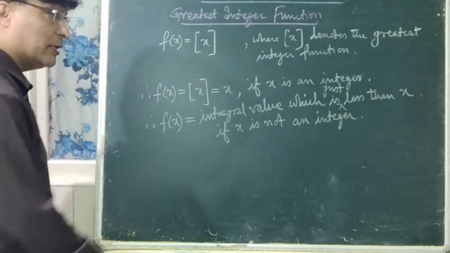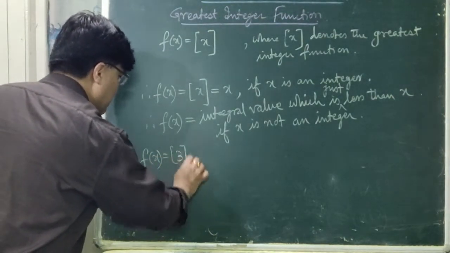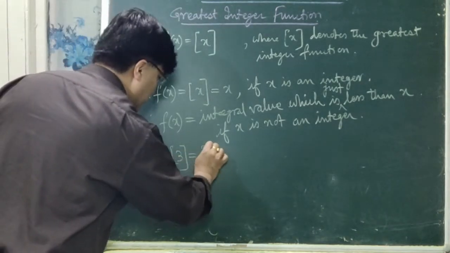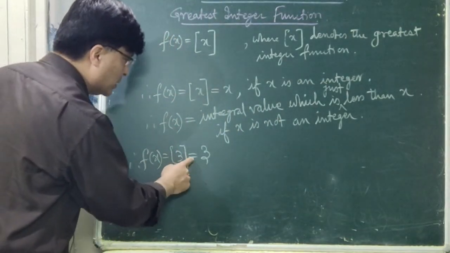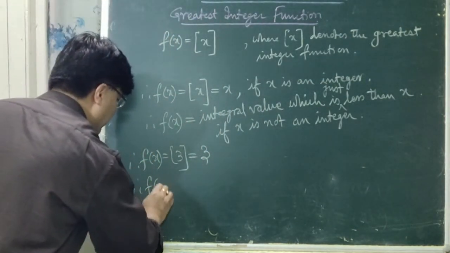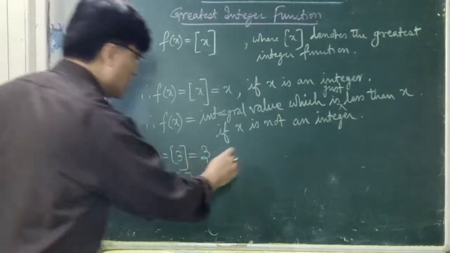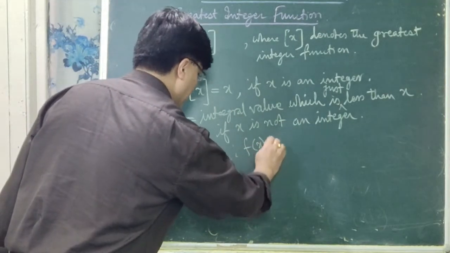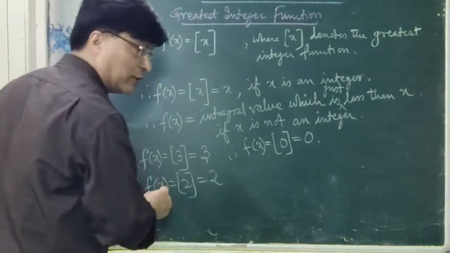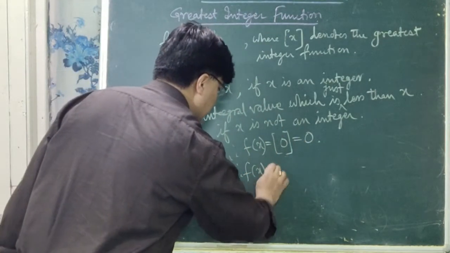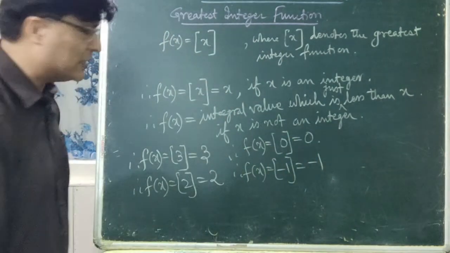So I'll give you some examples here. Suppose f of x is equal to [3]. Its value will be 3, because 3 is an integer. [2] is equal to 2. [0] is equal to 0. [-1] is equal to -1, and [-10] is equal to -10, because these are all integers.